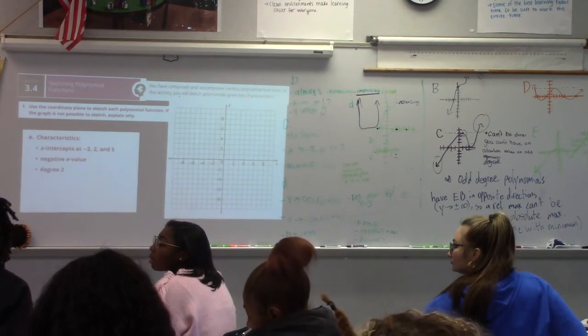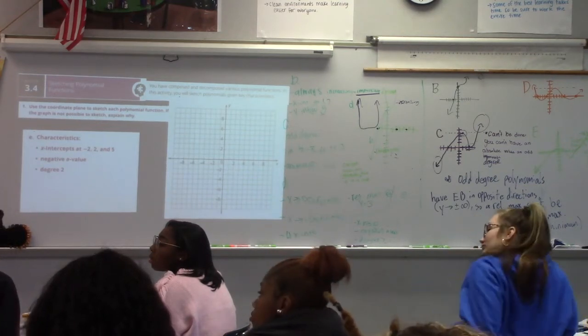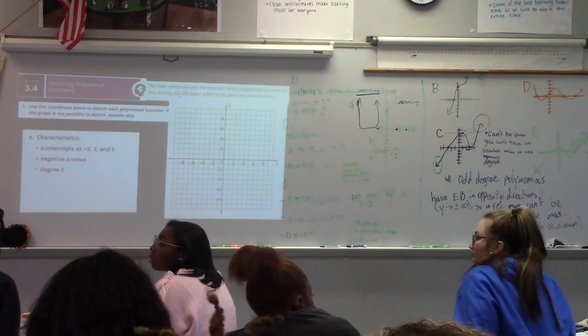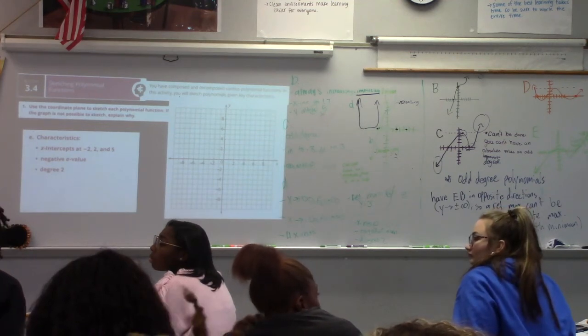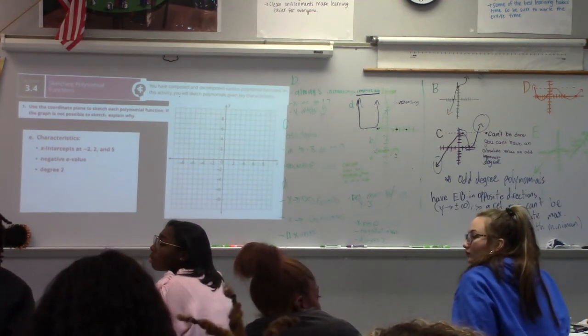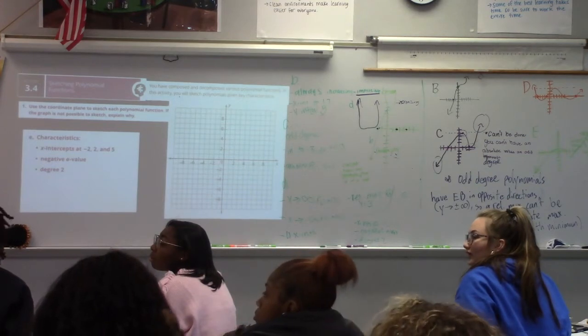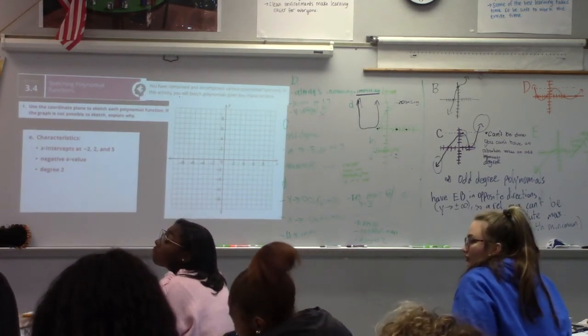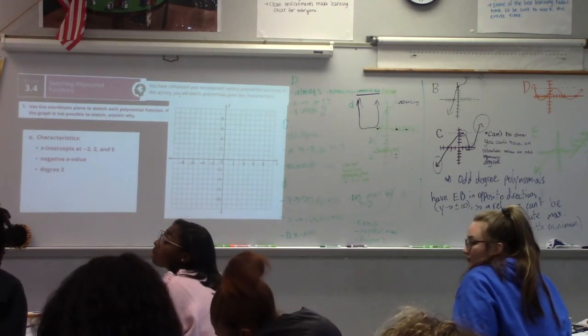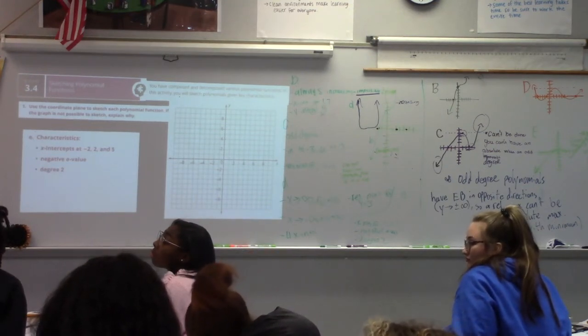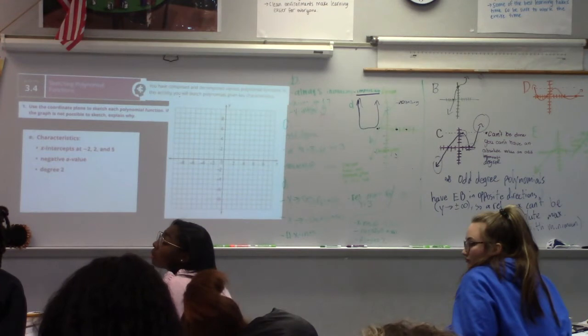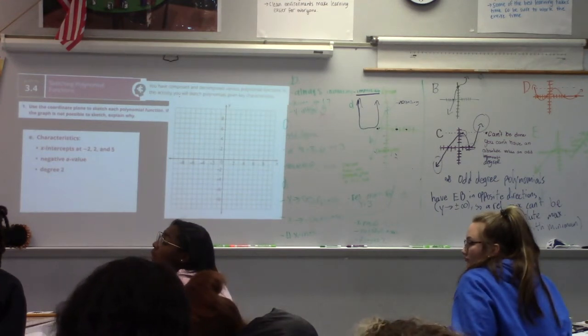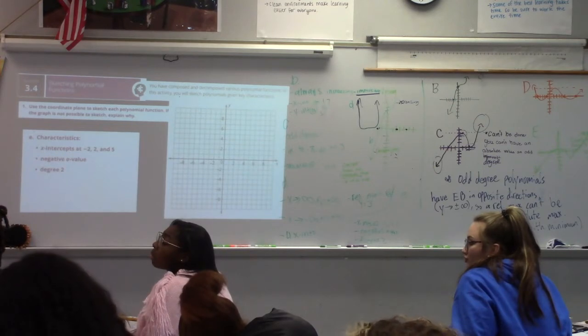So why all the way across here do we see that E is impossible, but we have graphs over here? What does someone need to push back on about this graph? It has a degree of 2, so what does that mean? At most, if it's degree 2, you can have 2 zeros. So at most, you can have how many x-intercepts? 2.